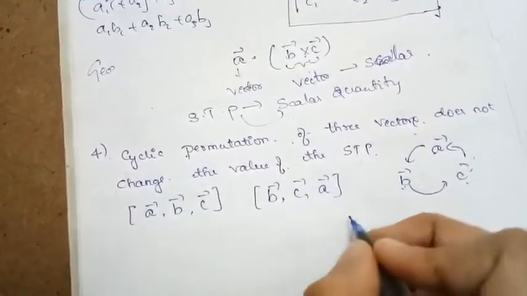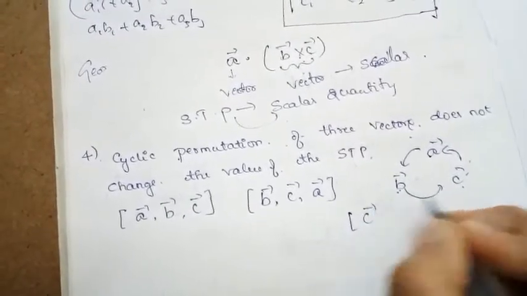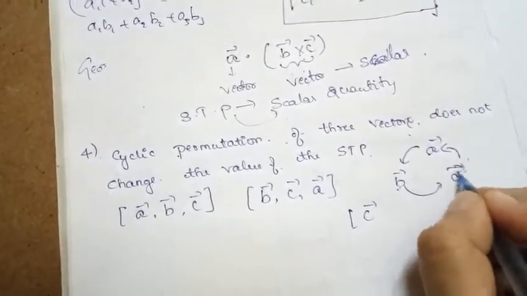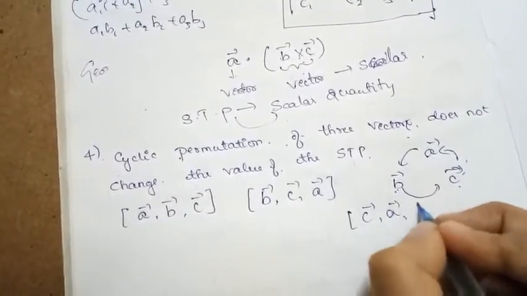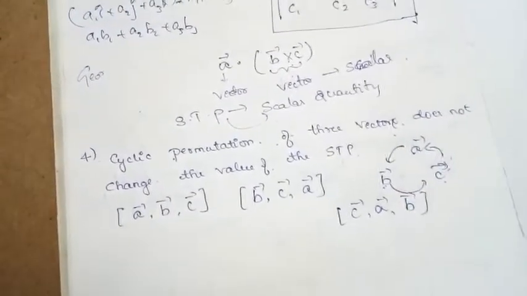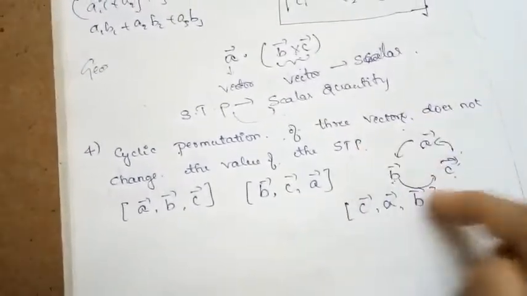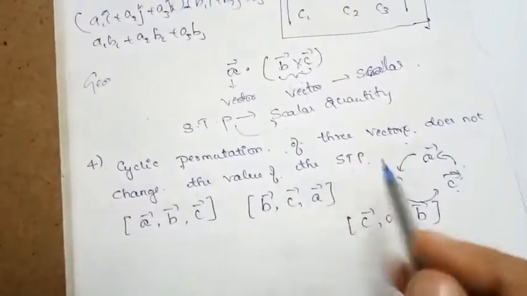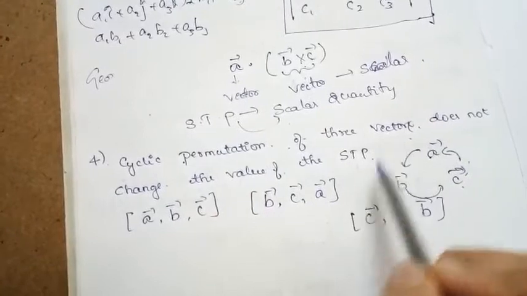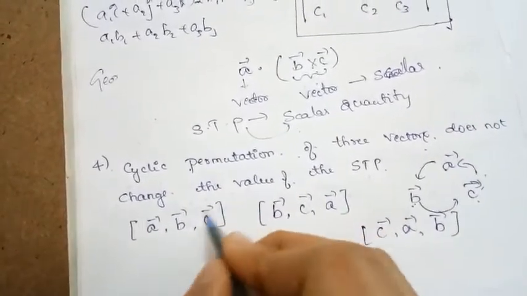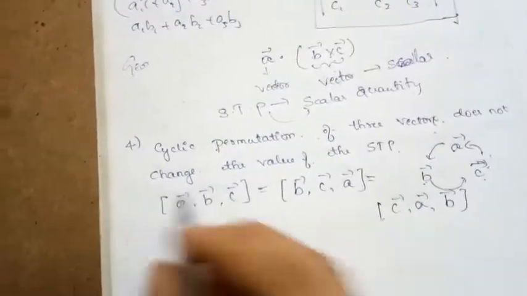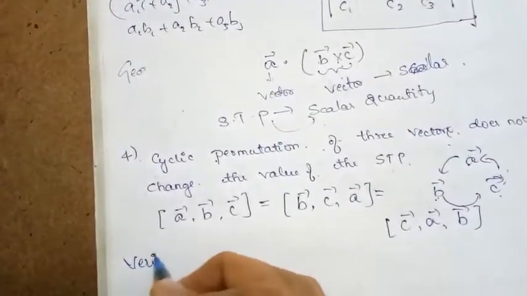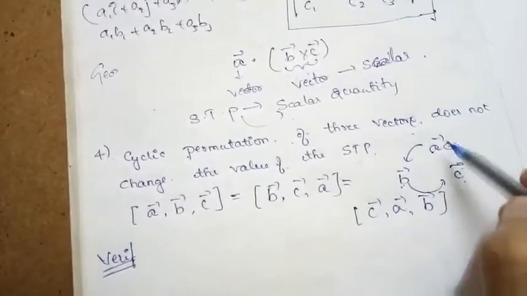Suppose I write vector C first, after vector C what comes? Vector A, after vector A what comes? Vector B. So if we maintain this cyclic notation, then upon the cyclic permutation, the value of the scalar triple product will not change. You can verify this. Understood?